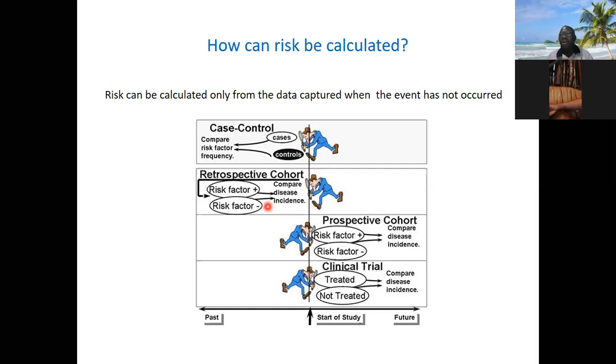The outcome has not occurred, you are just starting with exposure. So in that case, you can calculate probability, risk, because the event has not happened. You can say these people that are exposed are more likely to have the disease, to have the outcome.